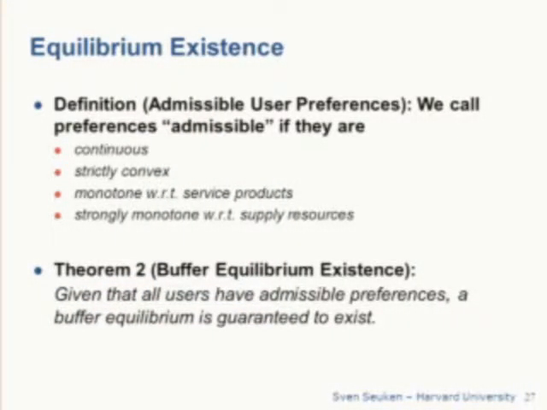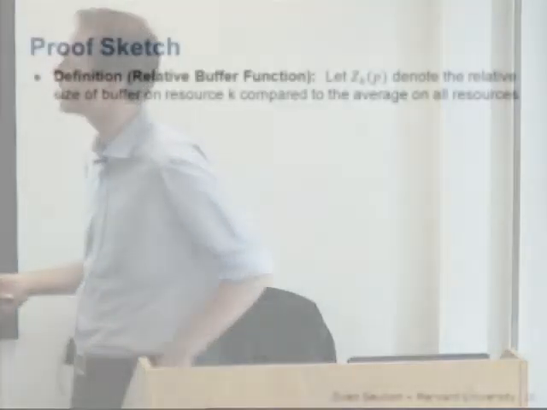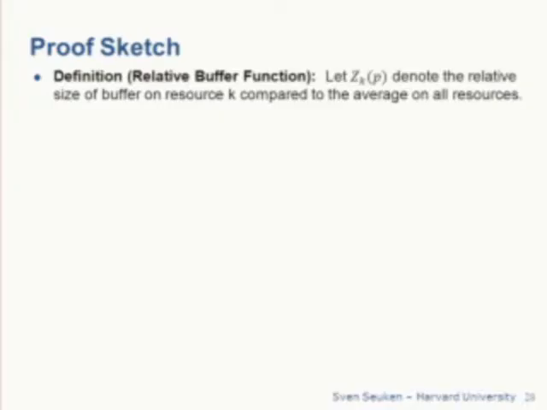So given that all users have these admissible preferences, we then show that a buffer equilibrium is guaranteed to exist in our market. The proof is pretty technical and involved, and I just want to give you a brief sketch to give you an idea how we get to this result. We define this function z_k(p), which denotes the relative size of the buffer on a particular resource k compared to the average on all resources.